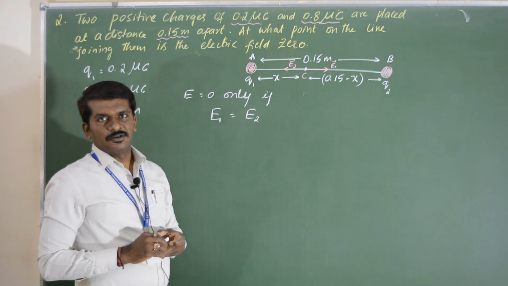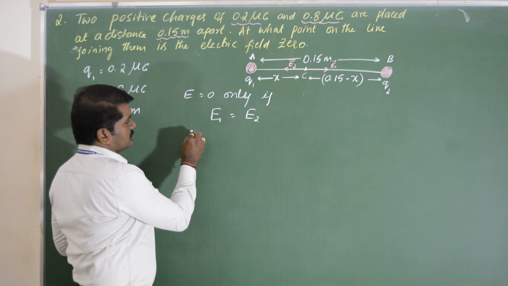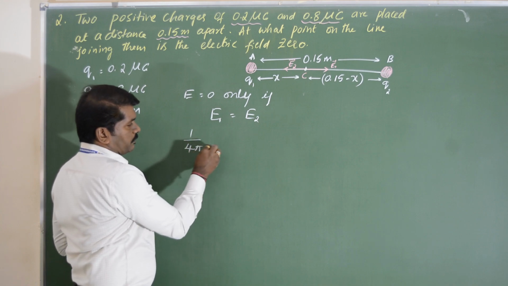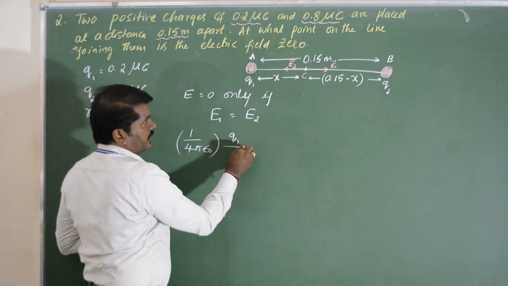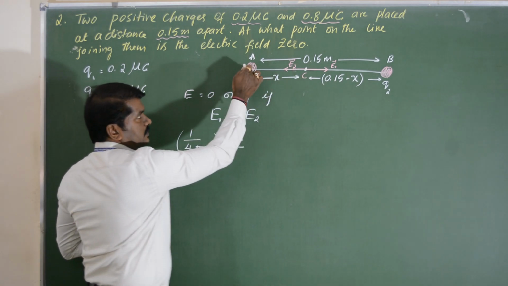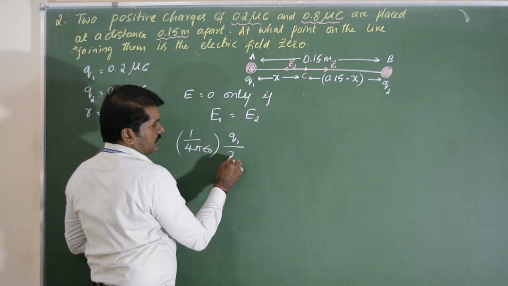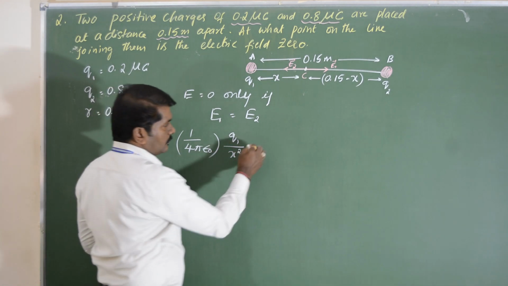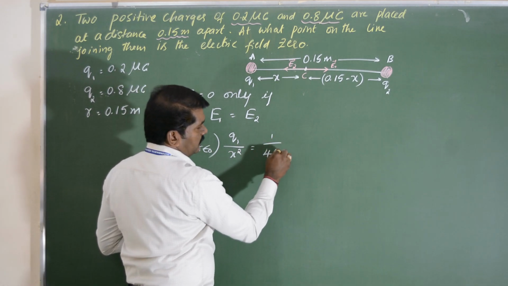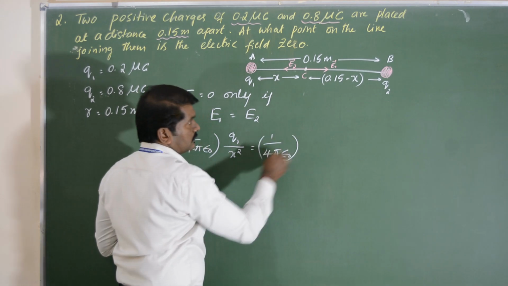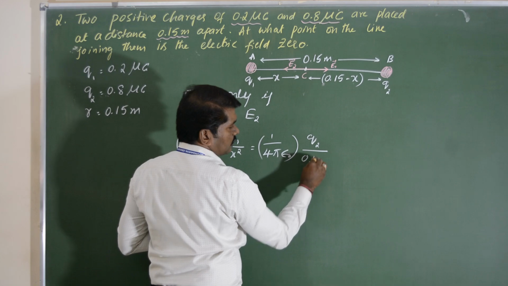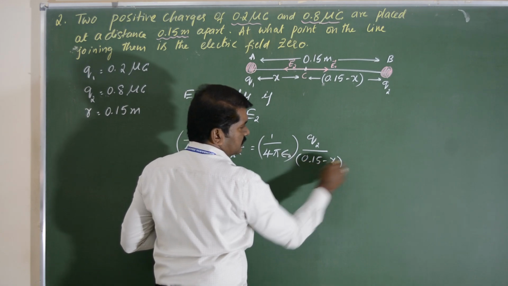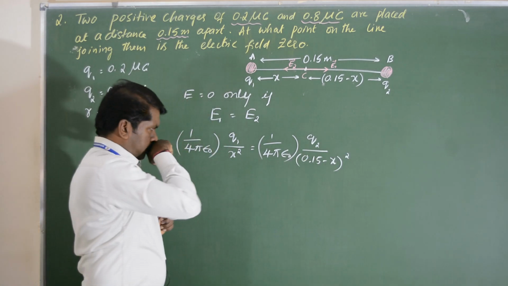If the values of E1 and E2 are equal, then the electric field at this point is 0. We know the expression for electric field: 1/(4πε₀) times Q1 divided by the distance squared from this charge to the point, that is x², equals 1/(4πε₀) times Q2 divided by (0.15 − x)².